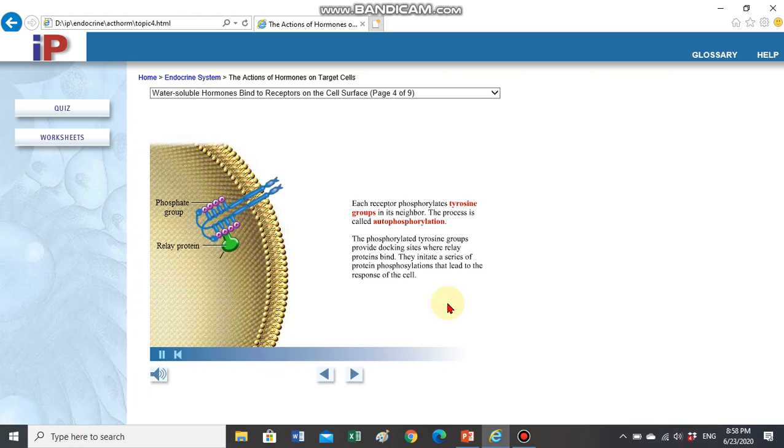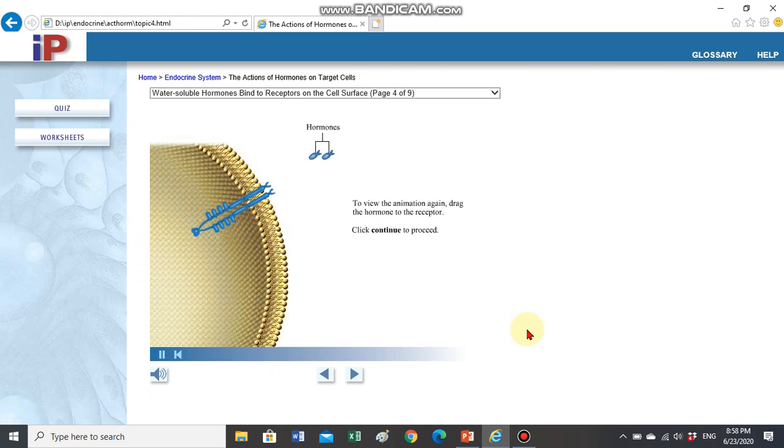They initiate a series of protein phosphorylations that lead to the response of the cell. Receptors with tyrosine kinase activity often bind hormones like insulin and other growth factors that affect cell growth and differentiation. To view the animation again, drag the hormone to the receptor.